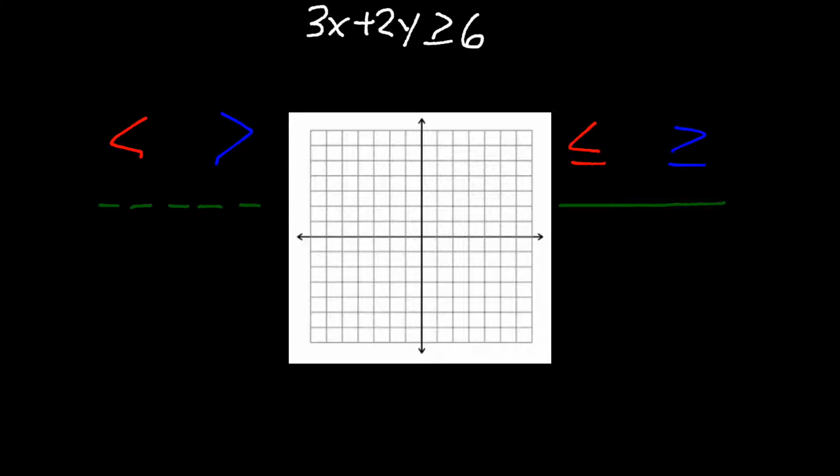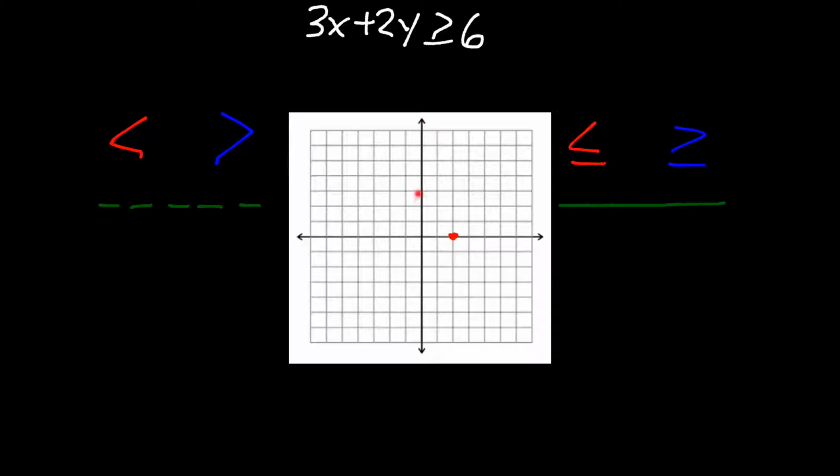So really what I do is, if I want the x-intercept, I'm going to pretend that 2y isn't there. And to get my y-intercept, I'm going to pretend that 3x isn't there. So if I pretend it's just 3x is greater than or equal to 6, divide 6 by 3, and we get 2. So my x-intercept is at 2, because 3 times 2 gets me 6.